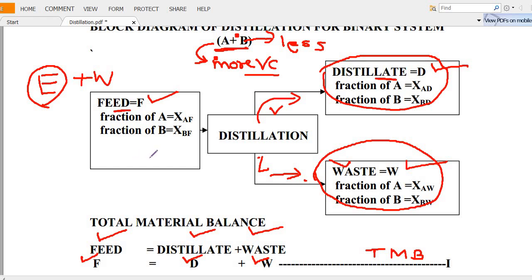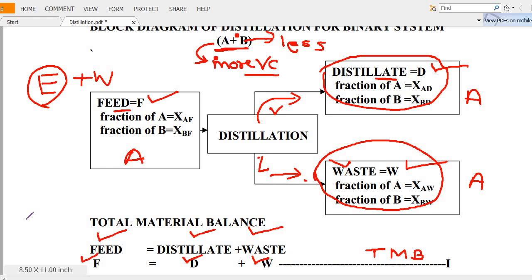And therefore whatever component A is in the feed, you will get that amount of component A in distillate plus waste.